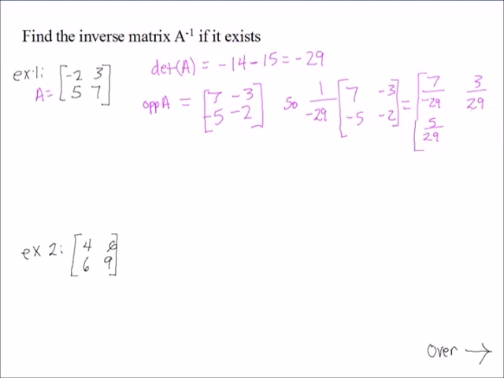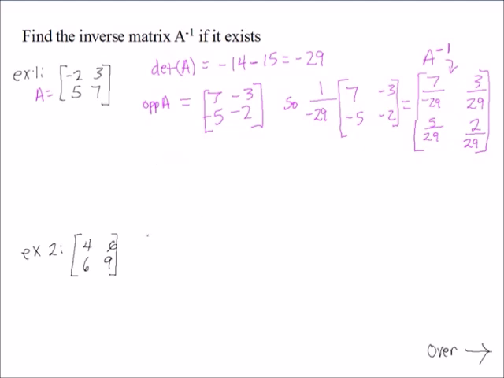And negative is a positive, so this is 2 over 29. Okay? So if I were to multiply this by this and this times this, then we would get our inverse matrix, or we'd see that it's true. But this right here is an inverse matrix, okay?